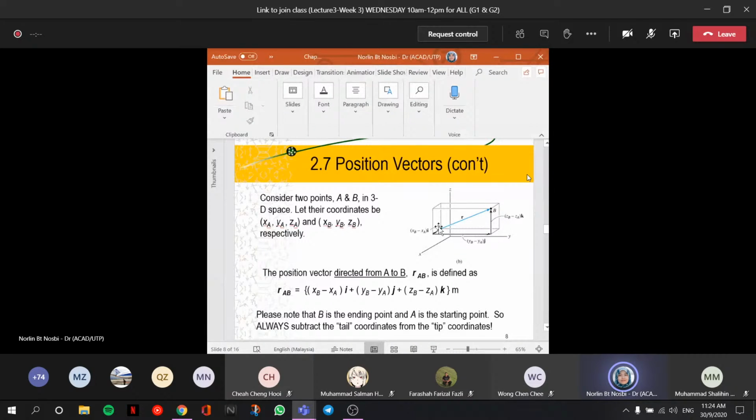So xB minus xA, yB minus yA, and then zB minus zA. So this is the position vector for the direction from A to B. I'm sure you all know this one as well.